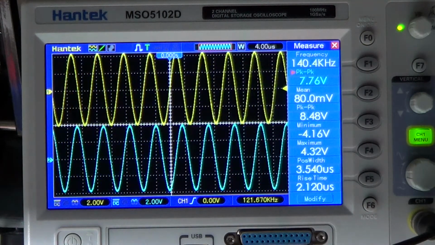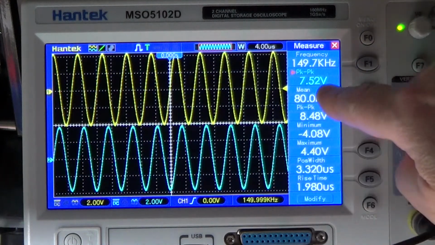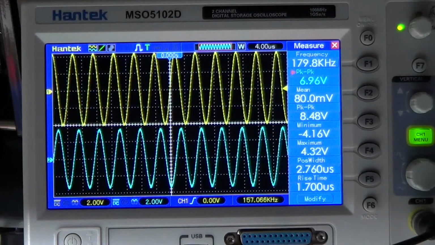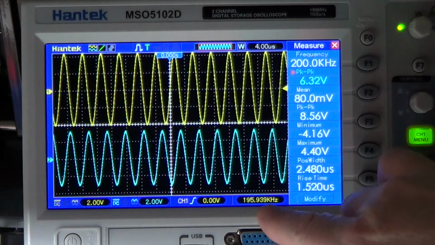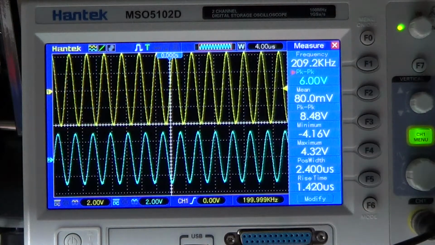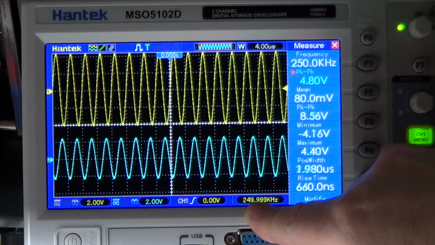At about 150 kHz we start noticing a change in the level of the signal. Just a little bit right now, since we are still below the cutoff frequency. Increasing the signal frequency even further, we can now see how the amplitude of the signal starts to decrease noticeably. You see how the blue wave is now smaller in amplitude than the yellow one?